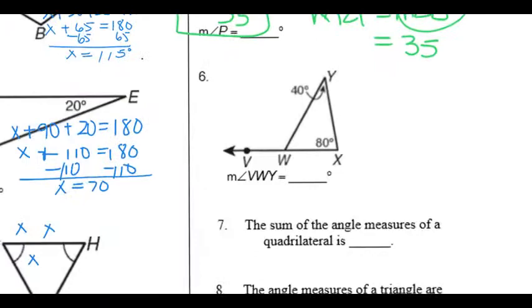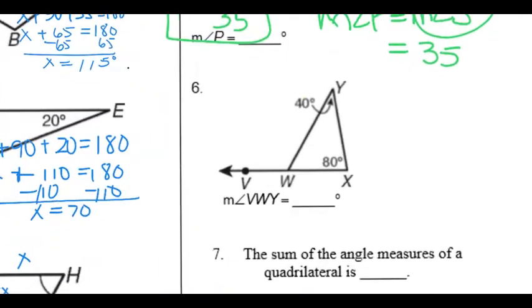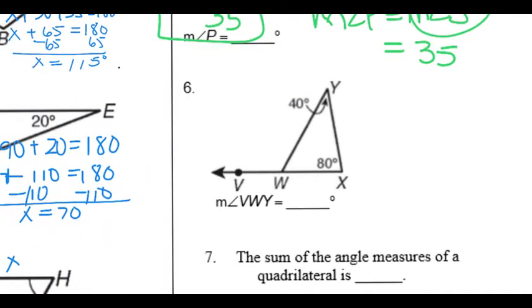Number 6. This is the exterior angles theorem once again. We know that angle Y and angle X equal the outer angle. This one here, which is the one they're asking us for, V, W, Y. We don't know that one, so we're going to set up an equation.